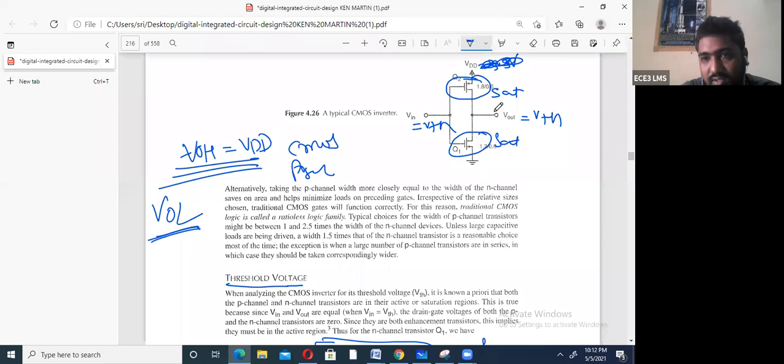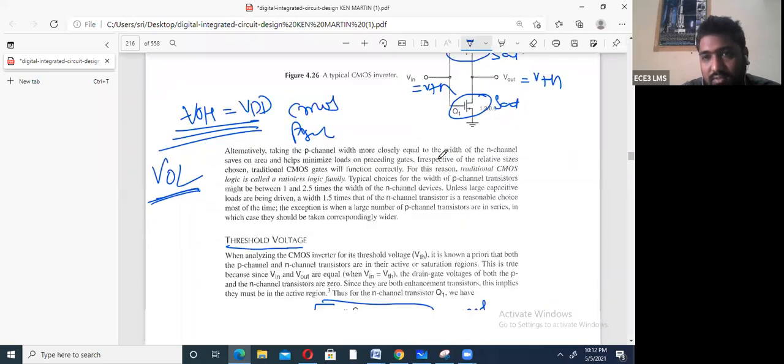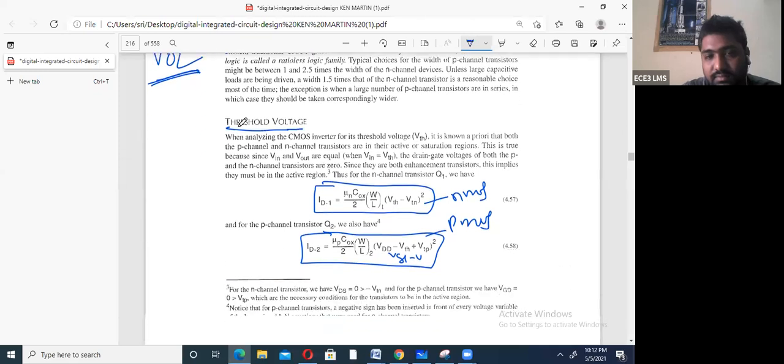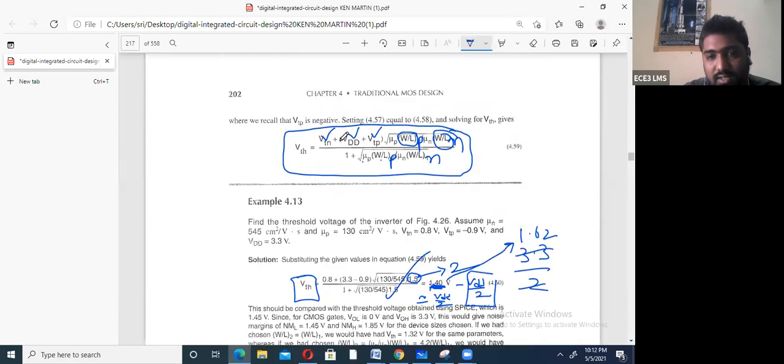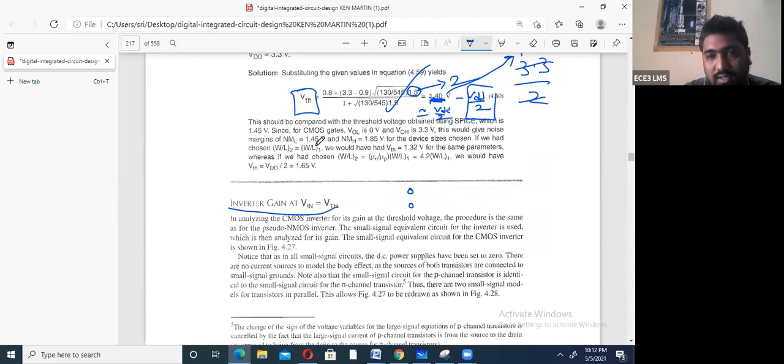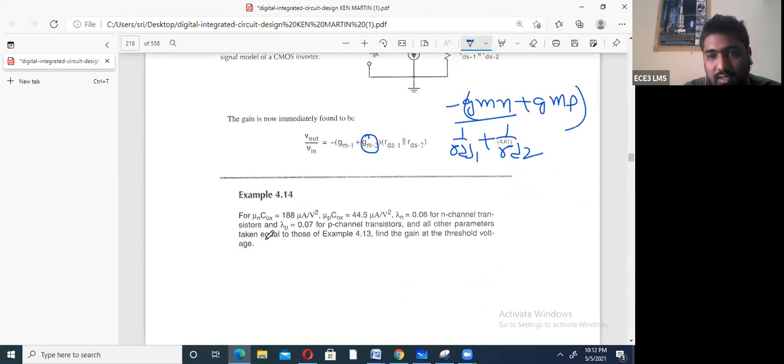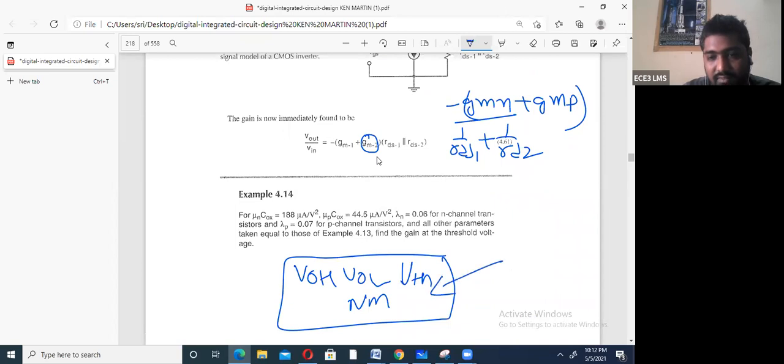So we have to find out the threshold voltage and gain. Okay, then the DC analysis will be over. If you find VOH, VOL, threshold voltage, and noise margin, then the DC analysis parameter finding will be over.